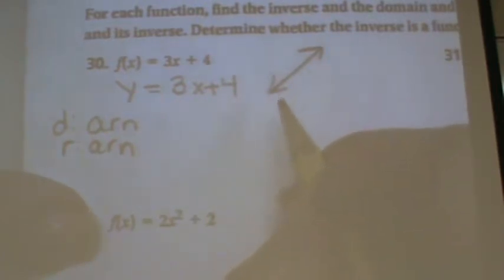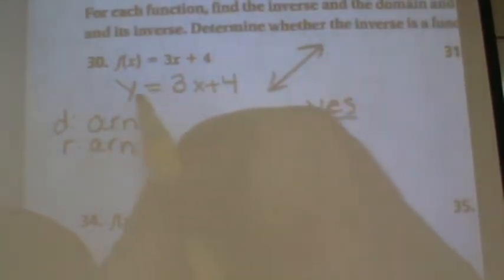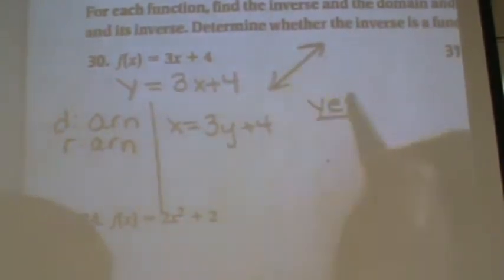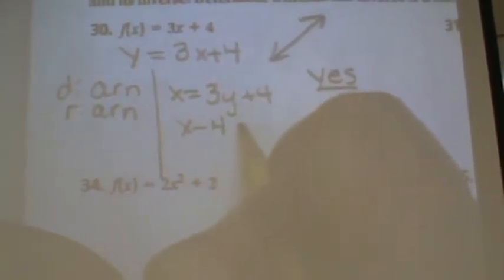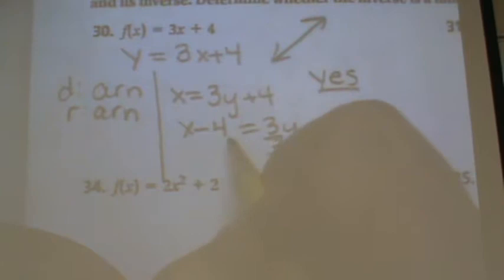So, does this pass the horizontal line test? Yes. So, determining whether the inverse will be a function is a yes. The answer to that is going to be yes, it's a function. Now, how do you do the inverse? Well, you switch x and y around. So you have x is equal to 3y plus 4, and resolve this for y. Subtract 4, and then divide by 3.